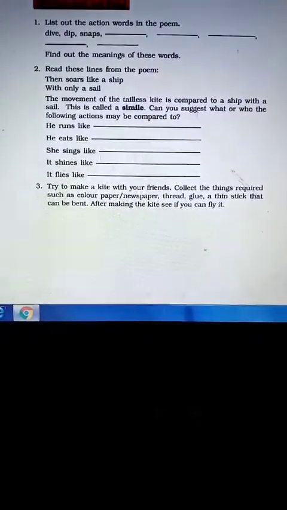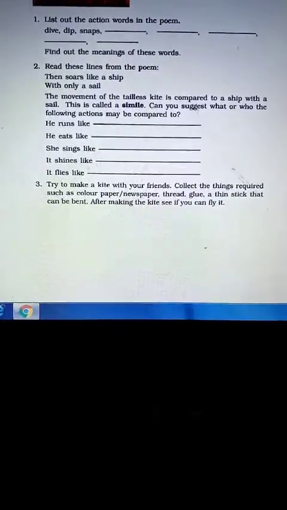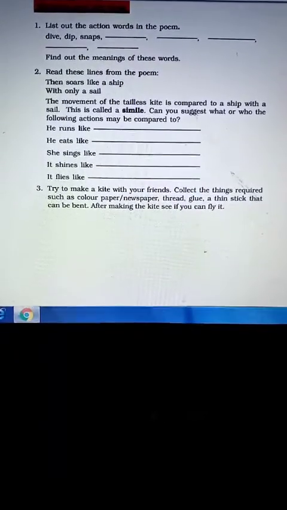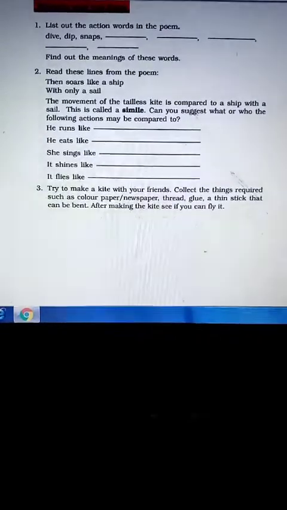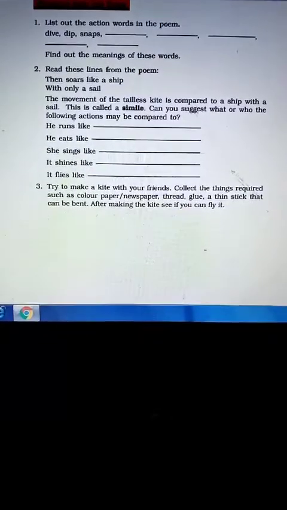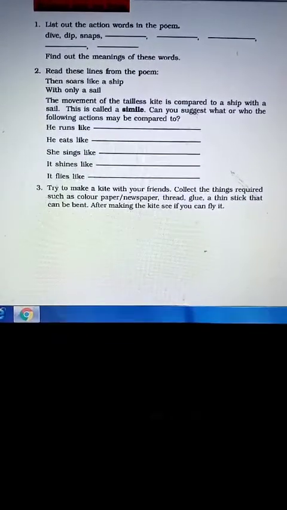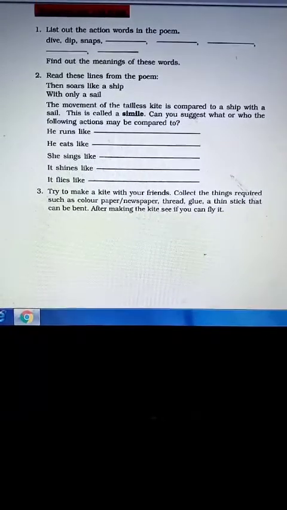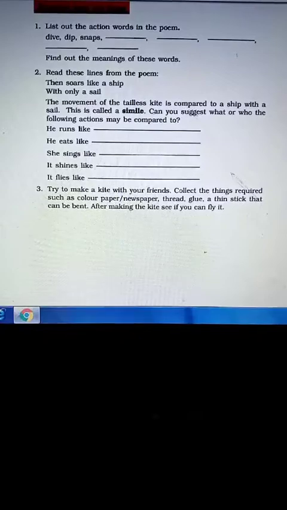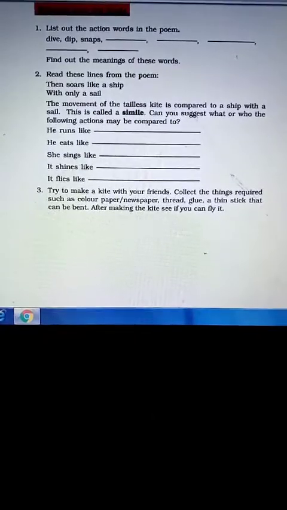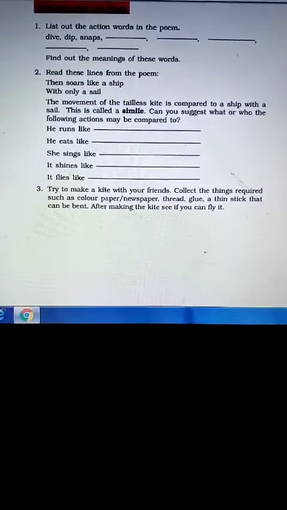He eats like, eating very fast. So he eats like a wolf. She sings like, singing very sweetly. So we can compare to a nightingale or a canary. It shines like a glowworm or a diamond. It flies like a kite or a bird.